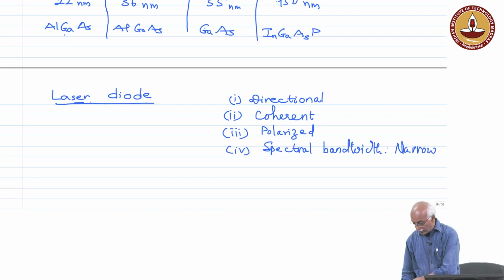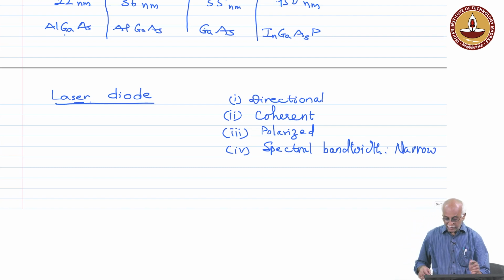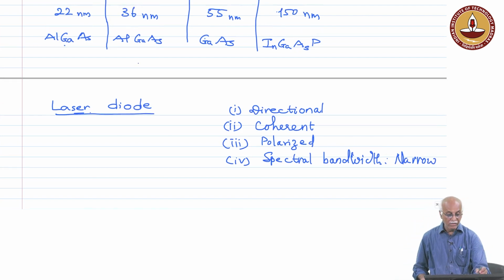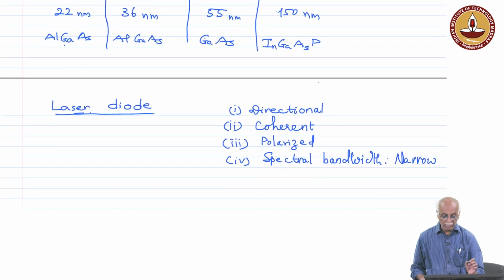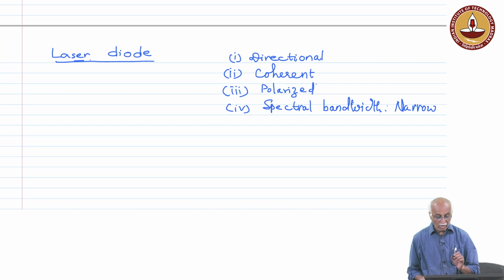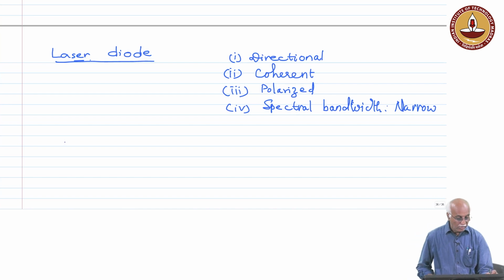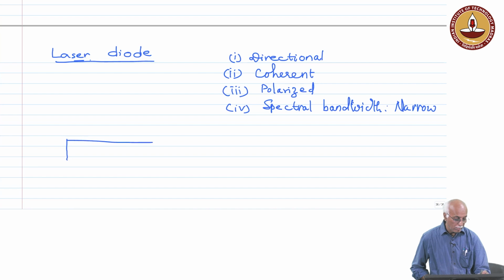The materials are almost the same, let us say aluminum gallium arsenide or gallium arsenide or indium gallium arsenide, the semiconductor material is the same. However, the difference is that the semiconductor material, the p type and n type, are heavily doped.